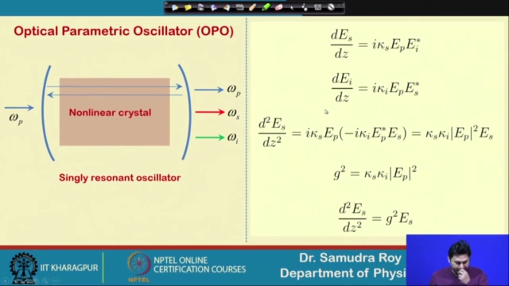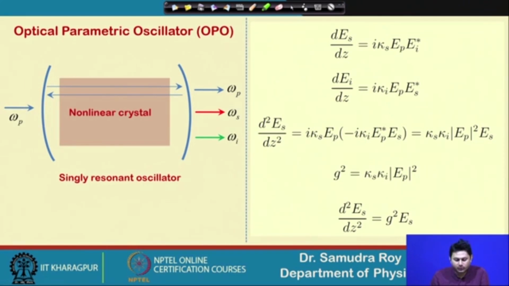Well, for the optical parametric oscillator, under this system, for the singly resonant case, we need to find out what is the pump condition for which we can have amplification. This is the old problem we are doing, but in a new way, because here the fields are moving and making a round trip.